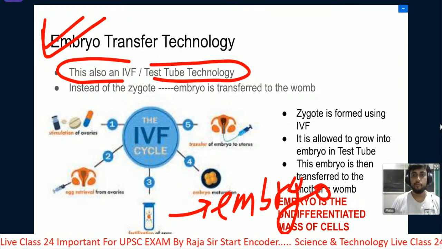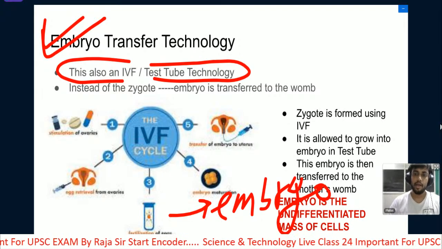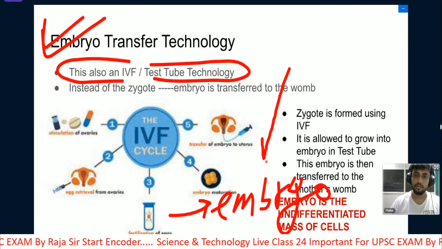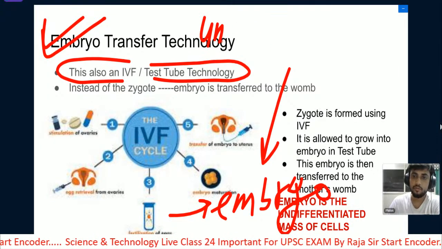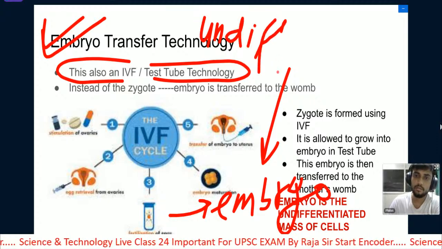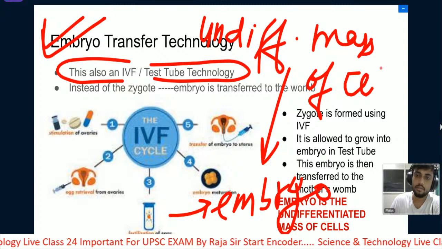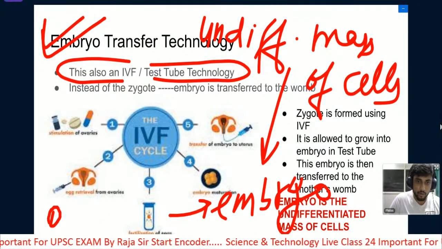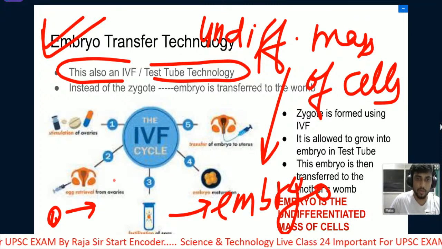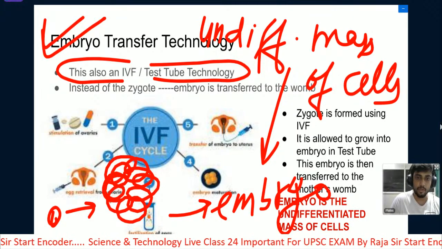So the embryo will be generated from the zygote inside the test tube, and the embryo is an undifferentiated mass of cells. Undifferentiated mass of cells means that we have a single zygote, and from the single zygote one undifferentiated mass of cells is produced.